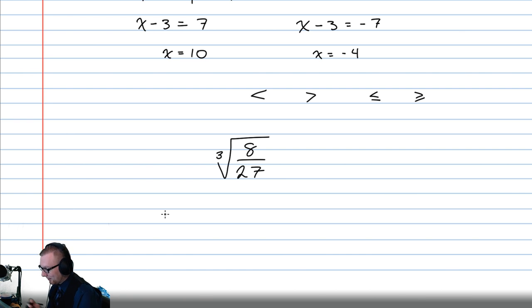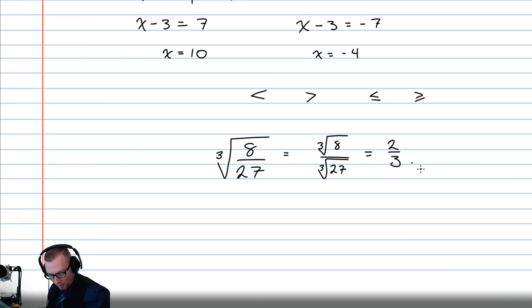Well, here's something that you may have forgotten. You could actually write this as the cube root of 8 over the cube root of 27. Yes, I do know that. Oh, okay. So 2 over 3? Yes. Okay. I just forgot.